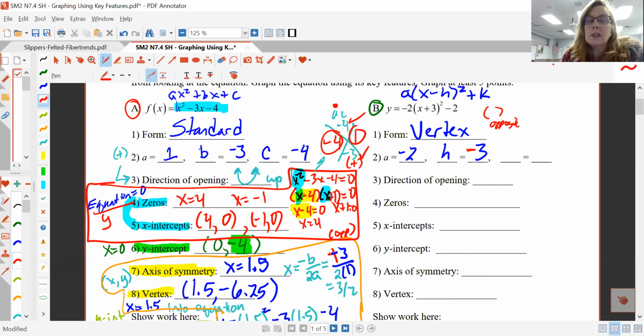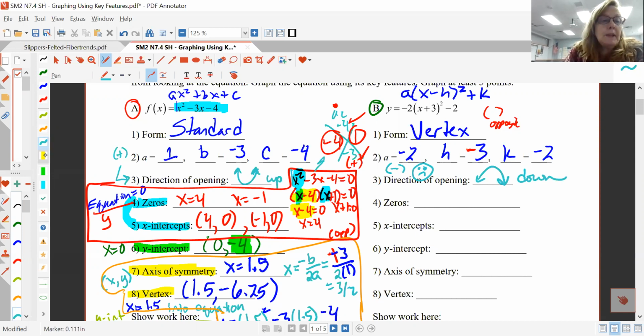So H is -3, not +3, and then K is -2, all right? This particular one is, since A is negative, an unhappy number. That means my parabola should go down.